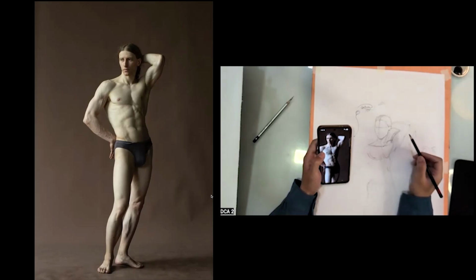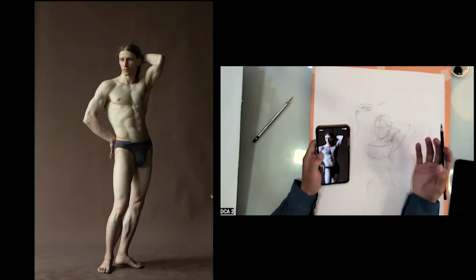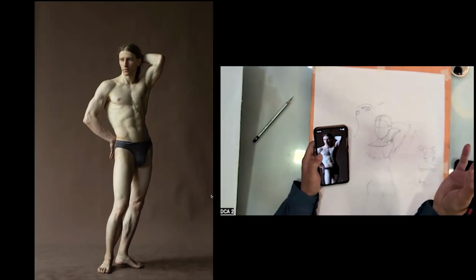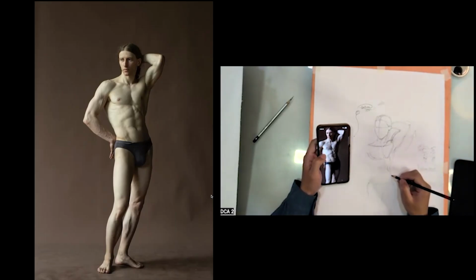All these simple changes in the movement of your body also change the shape of the muscles. That's why sometimes it feels a little complicated, but if we look at it carefully, it's all interconnected with each other.